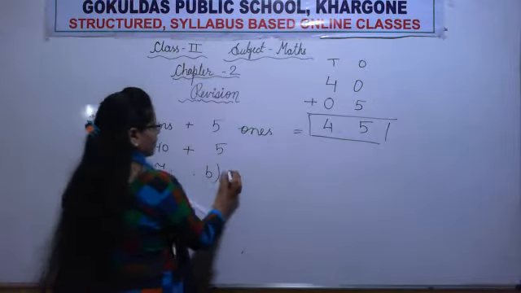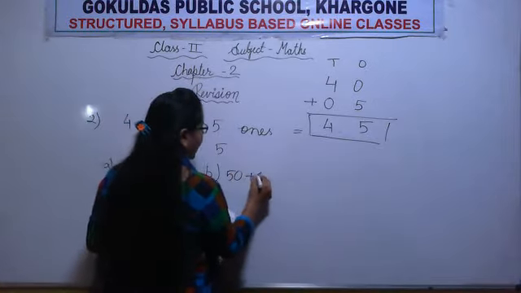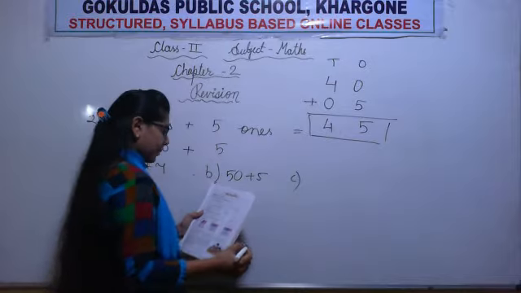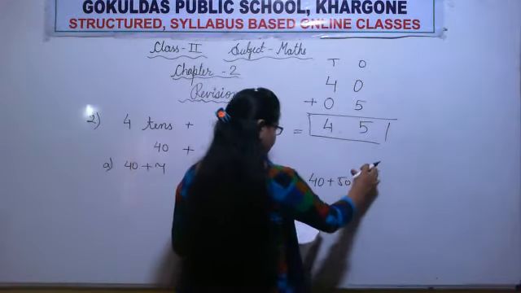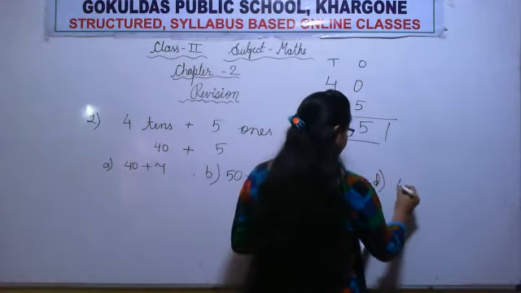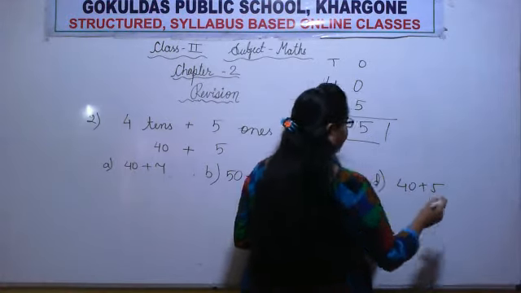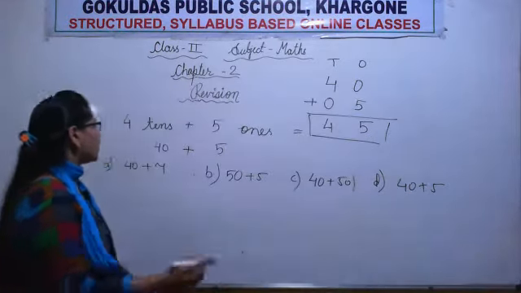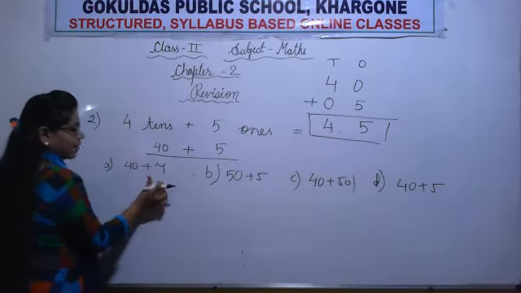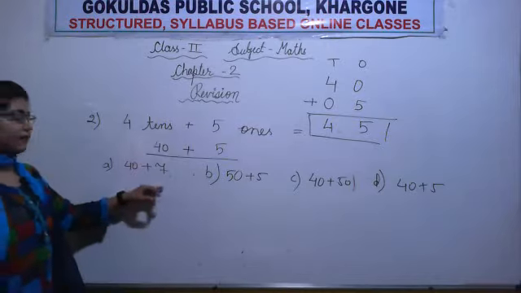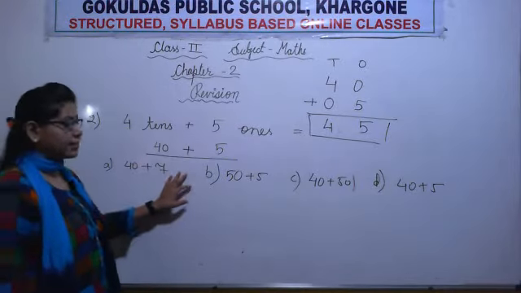Option B, 50 plus 5. Option C, 40 plus 50. And option D is 40 plus 5. Now what was our answer? Our answer was 40 plus 5. So 40 is here, but this is 7, not 5. So this is not our correct answer.